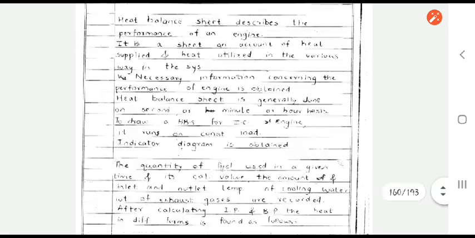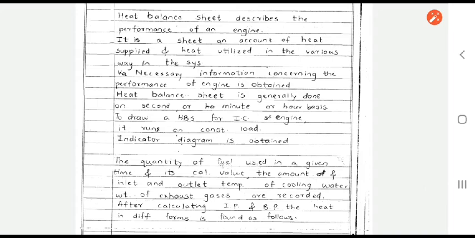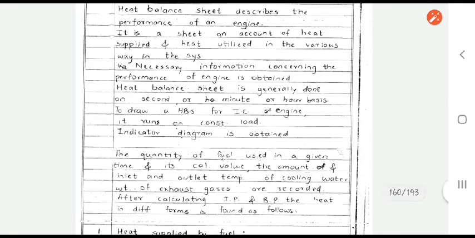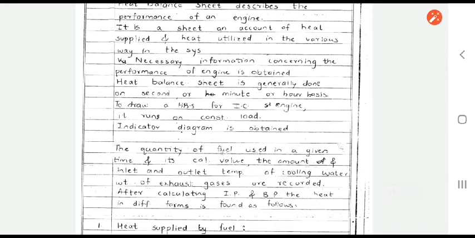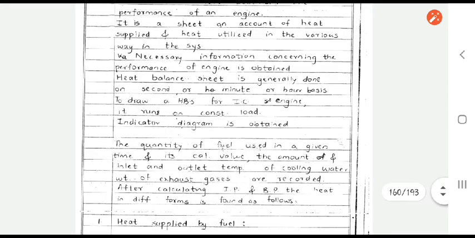sheet. It is generally done on a second basis, a minute basis, or an hour basis. To draw the heat balance sheet for an IC engine, it runs at a constant load, and then we can get the indicator diagram.